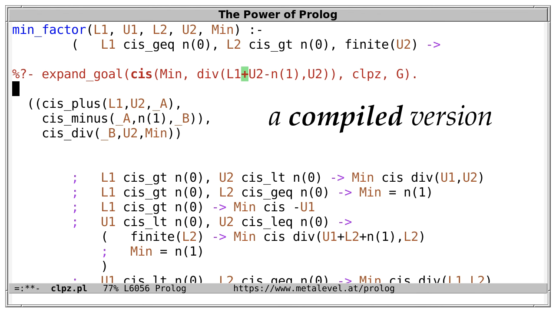But that's not what happens here. What happened here is that in the expanded version, plus no longer occurs in an argument of any predicate, but rather there is now a goal, kiss plus, with the same arguments as the addition above, L1 and U2. Likewise, for the subtraction, there's a new goal, kiss minus, and also for the division. The expansion has compiled the original expression to a sequence of goals.